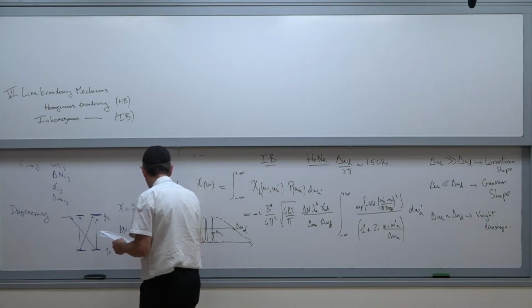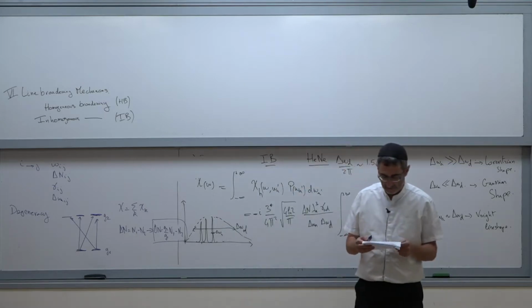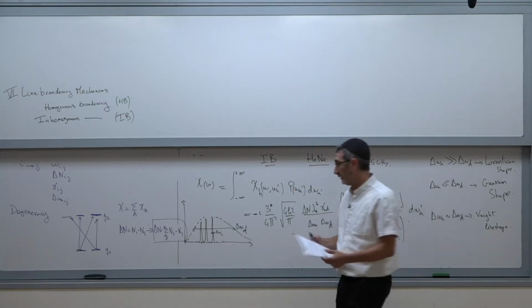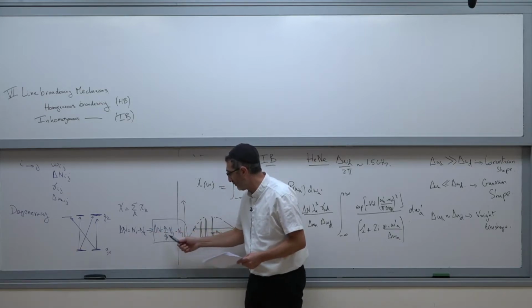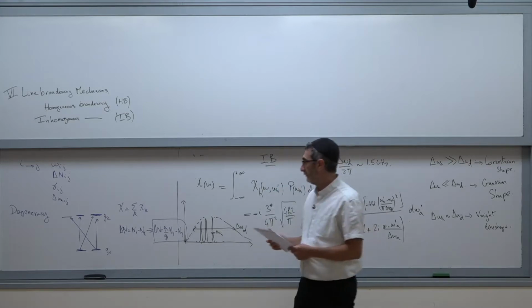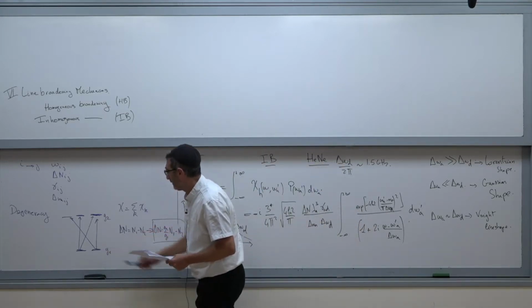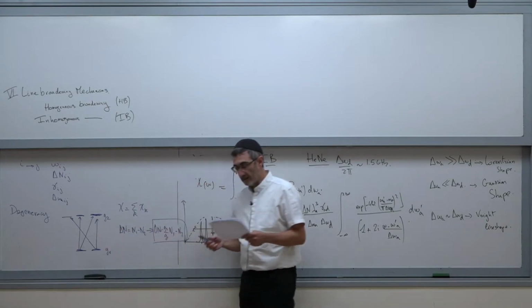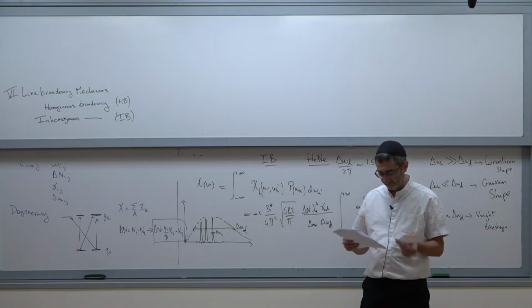So this is just to keep in mind. I don't demonstrate anything here. I just tell you the trick. The trick is that instead of n1 minus n2, you consider g2 over g1 n1 minus n2 to take into account the fact that you have multi-levels, multi-states at the same level, on the ground level and the excited level.